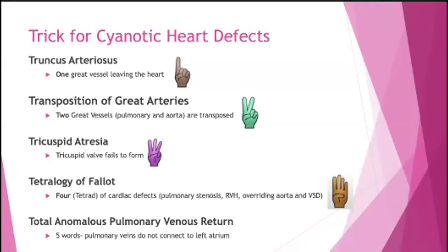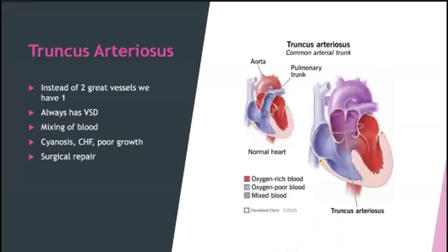That's why we call it tetralogy, because there's 4, so we use 4 fingers for it. And then 5 is our total anomalous pulmonary venous return. 5 words, so we use 5 fingers. And then once you have 5 fingers up, you can close your hand, and your whole hand can stand for your hypoplastic heart.